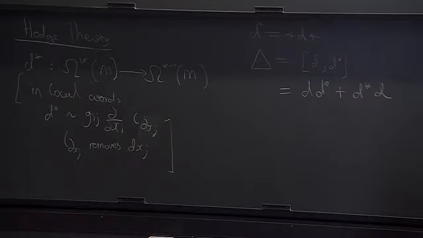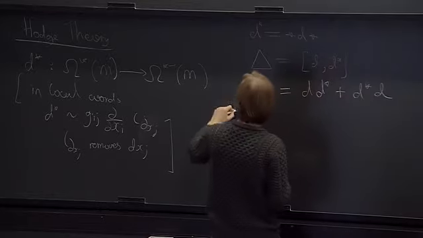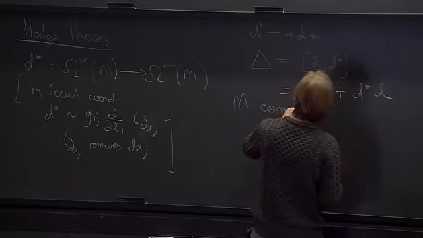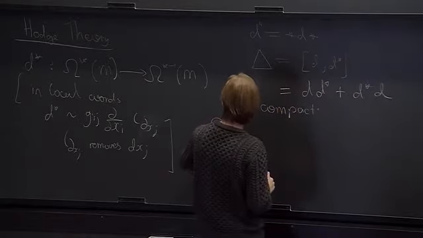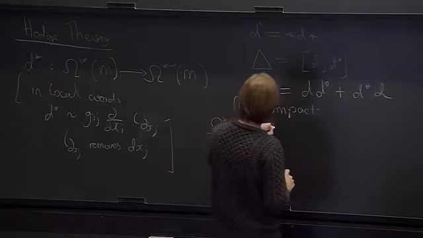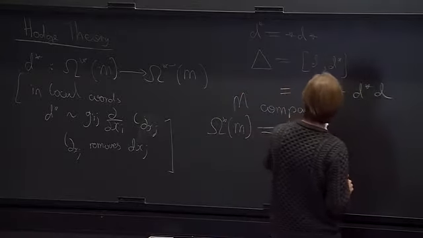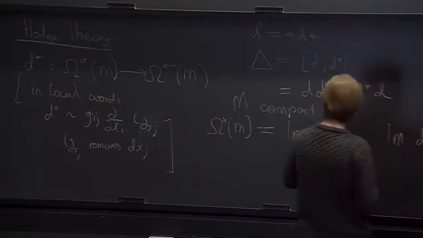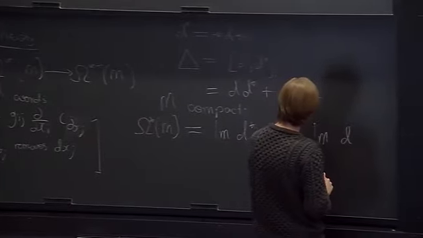And Hodge theory tells us that the space of forms splits up in a very nice way if M is a compact manifold. So forms on M split as three pieces: the image of d star, the image of d, and in the middle there are harmonic forms, which is the kernel of the Laplacian.